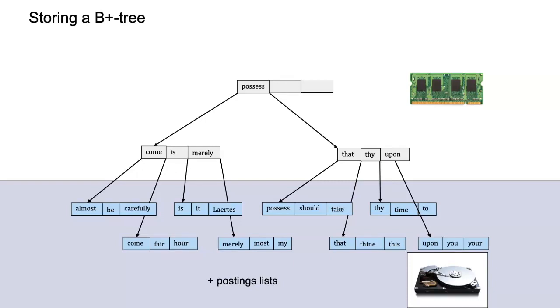Typically, you're going to keep the lower levels on disk, so all the values in there. And for the higher levels of the tree, it's a good idea to have them in memory. First, because it's not so much, and then you can do the comparisons faster. Then you keep the lower level on disk. Postings list, you can ignore that completely.